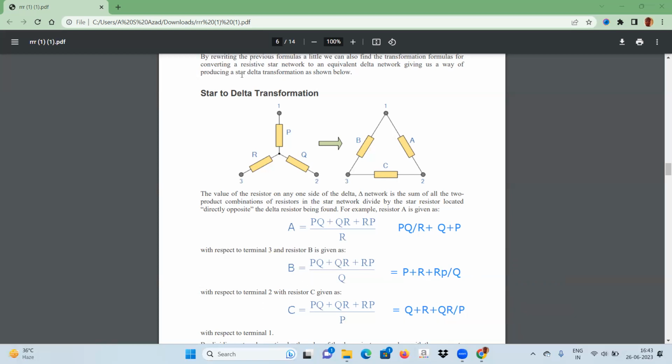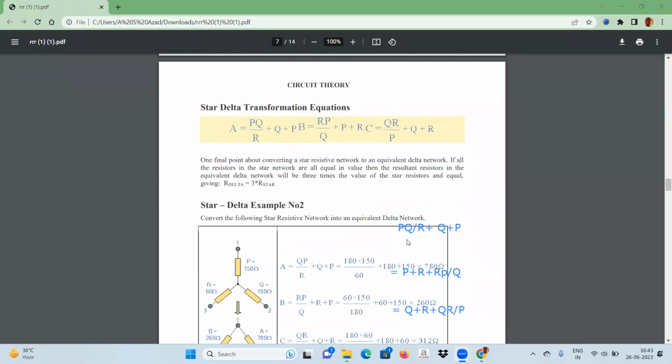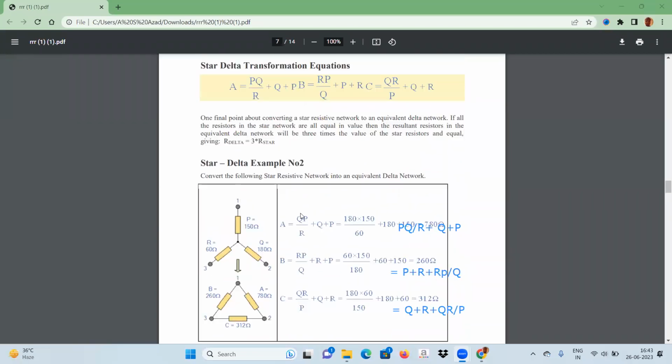Now you can implement this formula to this network. Then what will A be? A will be PQ by R plus Q plus P. Here P is 150, Q is 180 and R is 60.